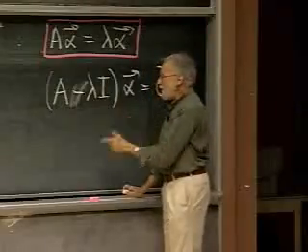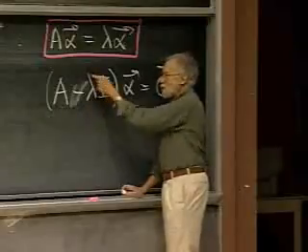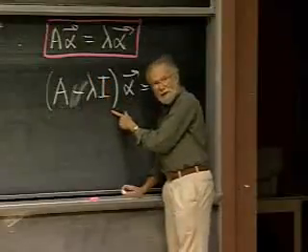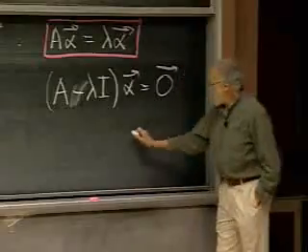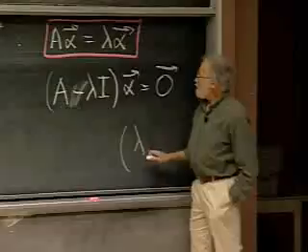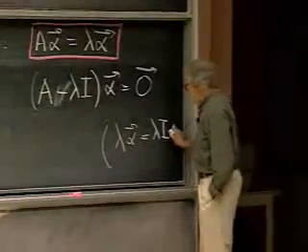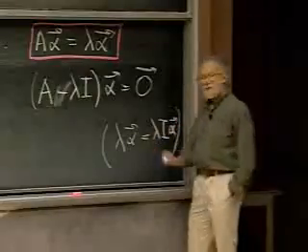So what's done is you make this a 2 by 2 matrix. This is the 2 by 2 matrix with lambdas down the main diagonal and zeros elsewhere. And the justification is that lambda alpha is the same thing as lambda I times alpha because I is an identity matrix.